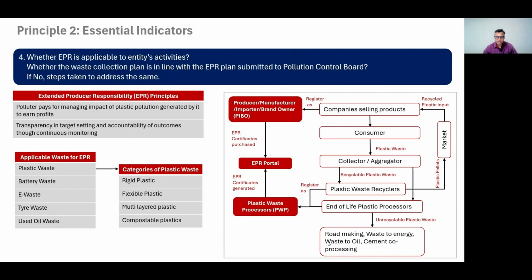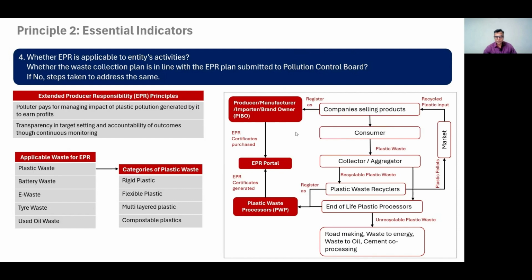Now, coming to the EPR, the EPR responsibility is completely governed by the EPR portal managed by the Central Pollution Control Board. There are mainly 2 kinds of participants in this portal. One, the producer, manufacturer, importer, and brand owner, PIBO, and the plastic waste processors, PWP.